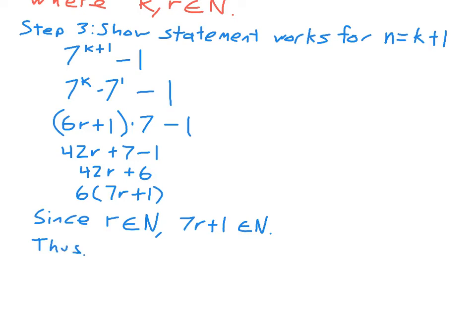Okay, thus 6 times 7r plus 1 is divisible by 6.